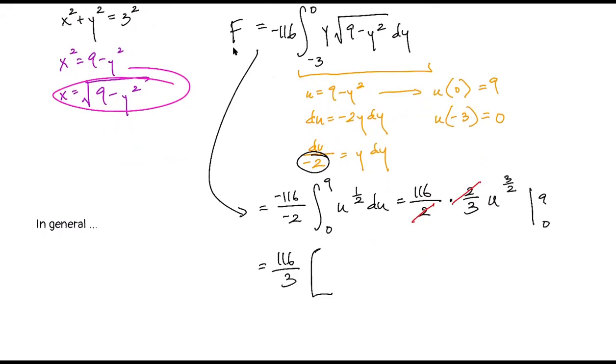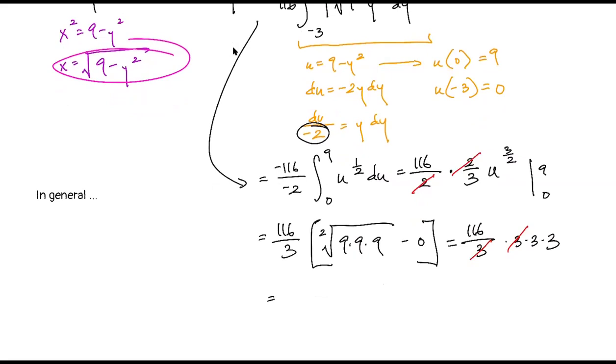And then to do 9 to the 3/2, that's the same as the square root of 9 cubed. And then I have to subtract 0. And so this gives me 116 over 3 times 3 times 3 times 3. One of those is going to go away.